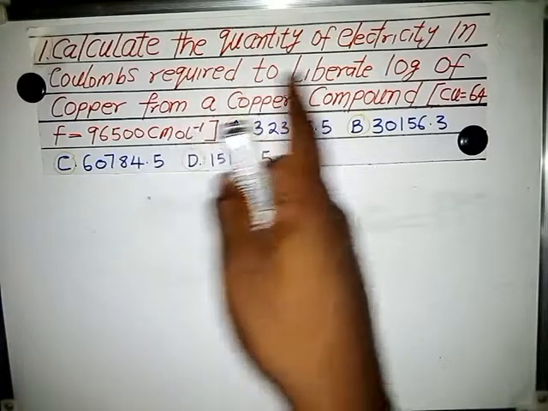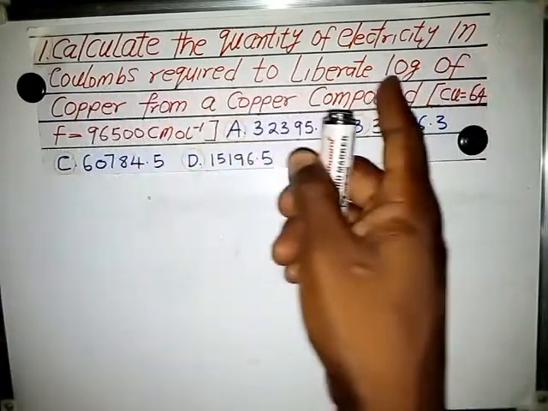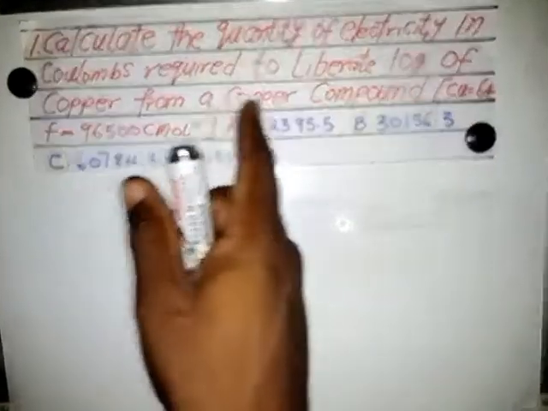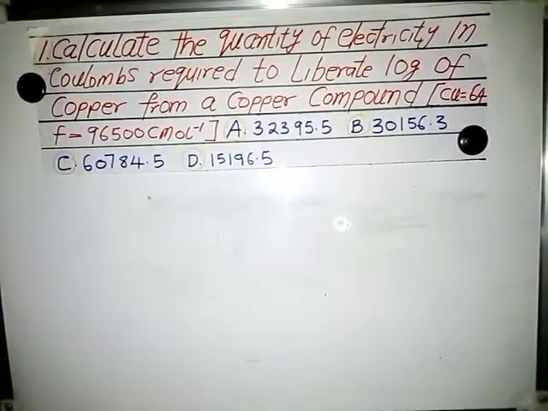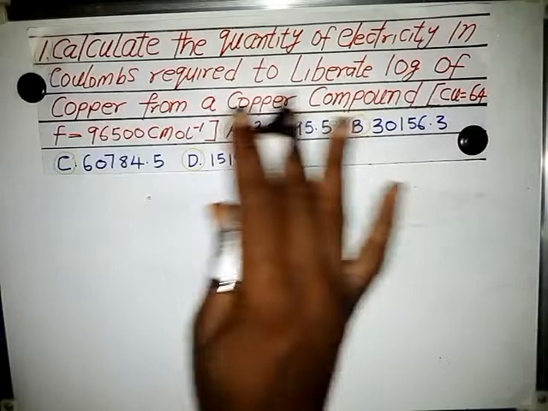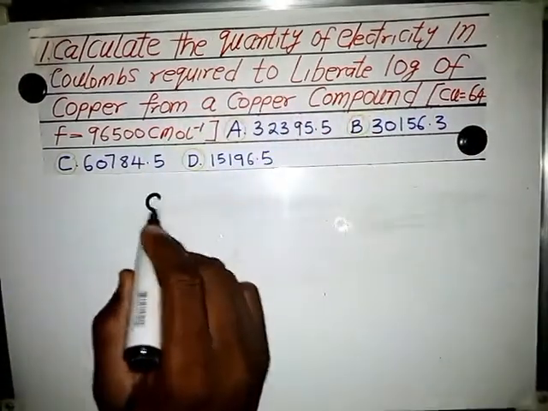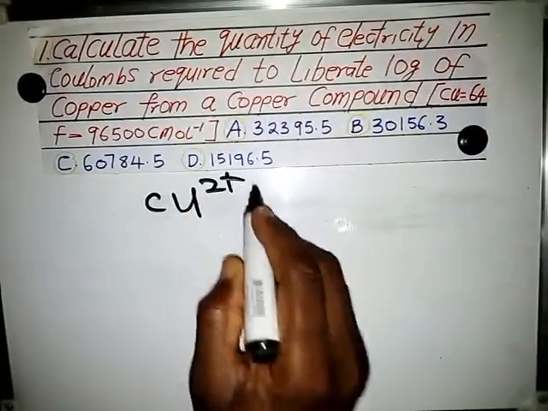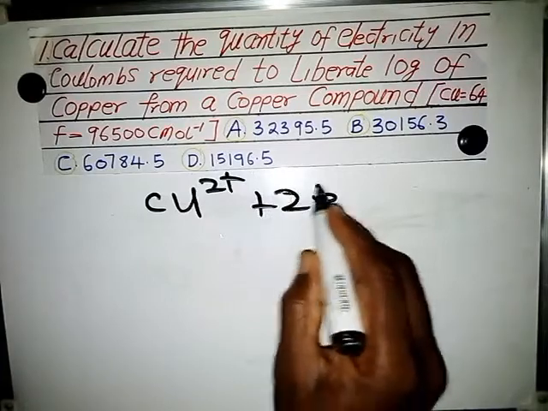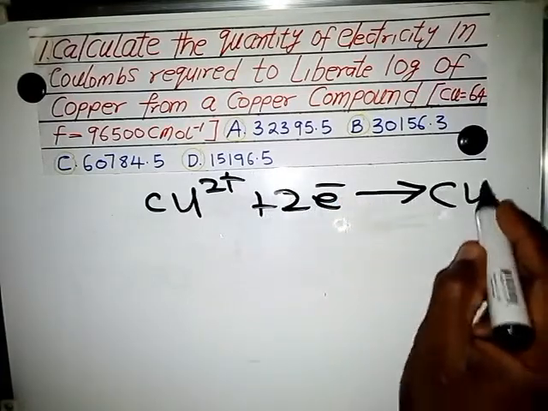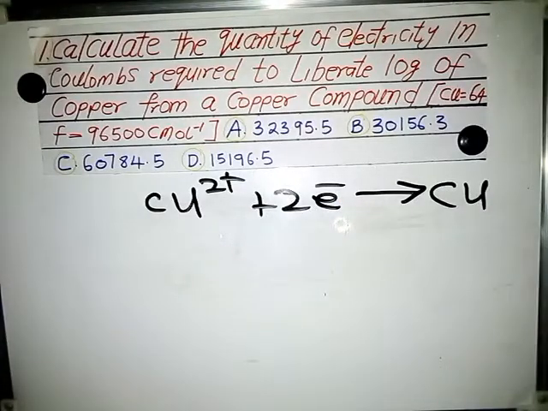It said calculate the quantity of electricity in coulombs required to liberate 10 grams of copper from a copper compound. Well, the first thing you have to write is the half reactions, and so it's copper, so you're writing this half reaction for this question.